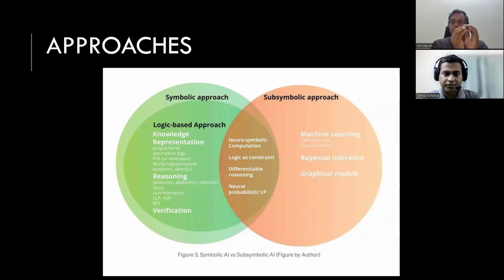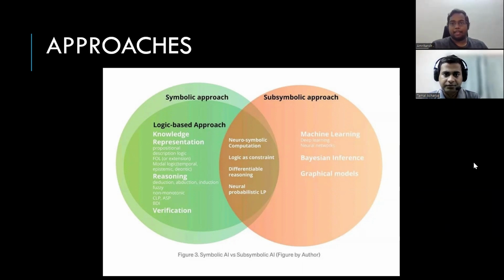What we want to reach here is to merge these things, where we want to have neurosymbolic computation, and logic as constraint and differential reasoning and neural probabilistic logic programs. We want to maintain and merge all of them, and build this in a scenario which could be the perfect hybrid between symbolic AI and sub-symbolic AI.